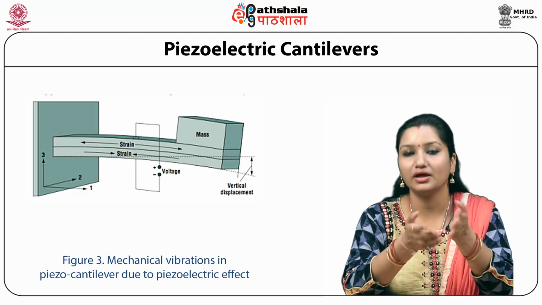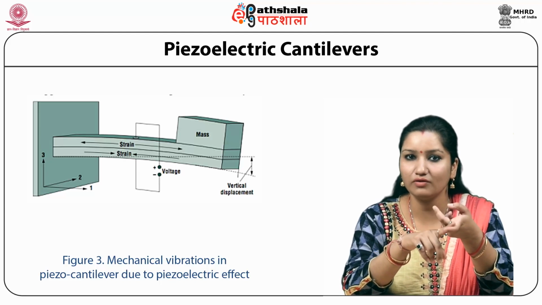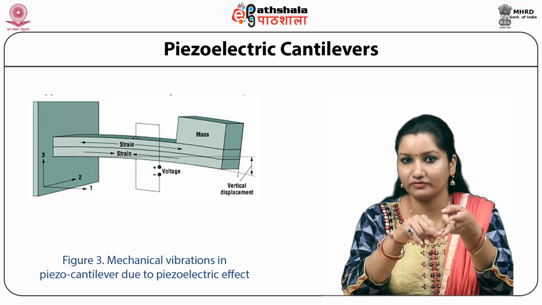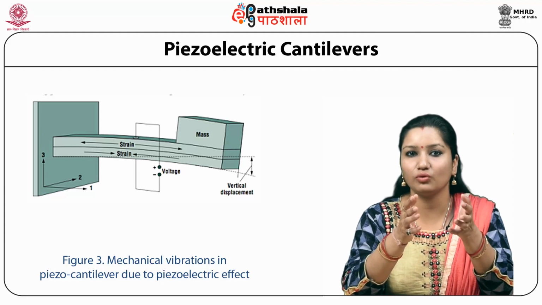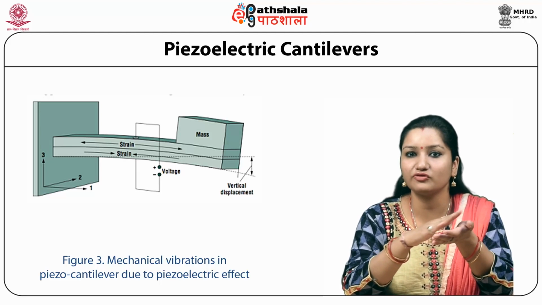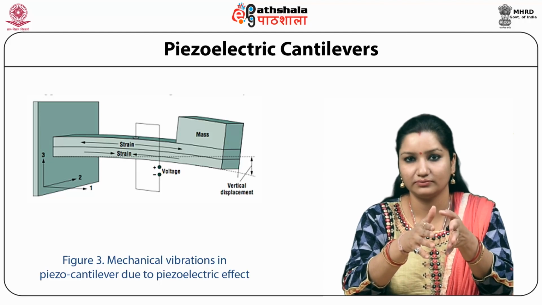The cantilevers can be classified into two categories: first, unimorph, and second, bimorph. When the beam has only a piezoelectric layer attached to a substrate layer, the device is known as unimorph.